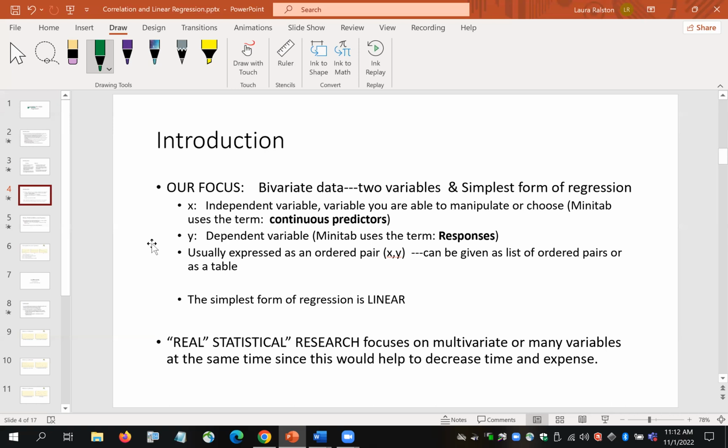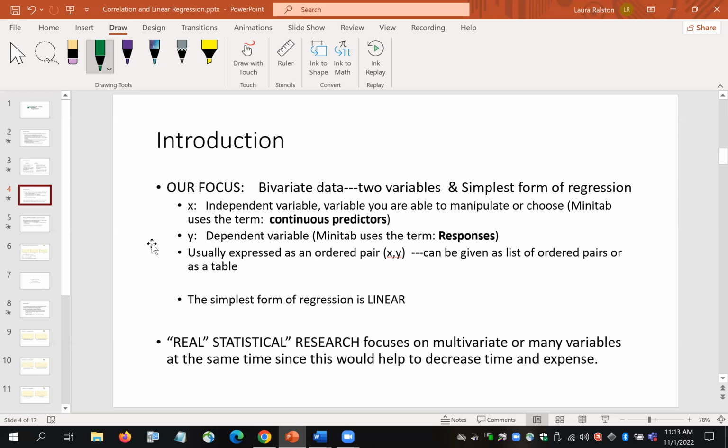Minitab refers to the X as your input, the continuous predictor, because typically, again, it's going to be a number. So think quantitative continuous. Okay, so you're going to have a number and it's going to be continuous, most likely.